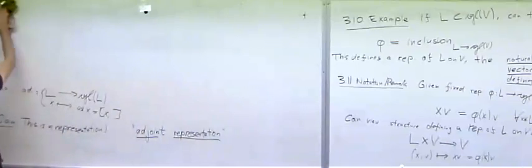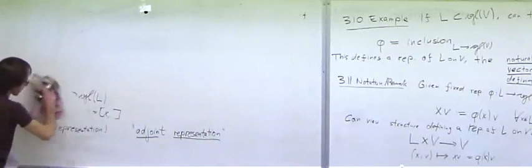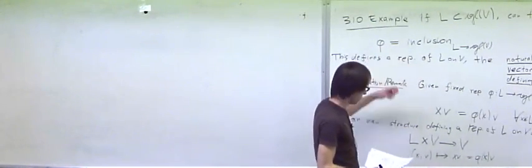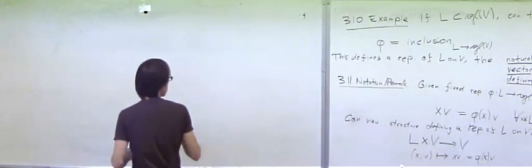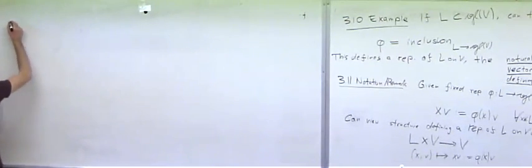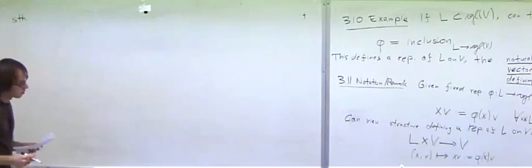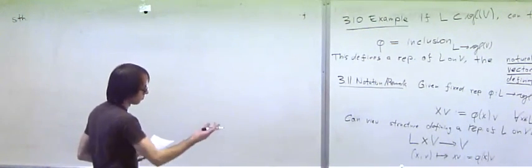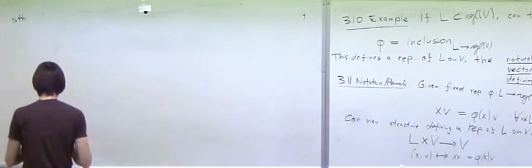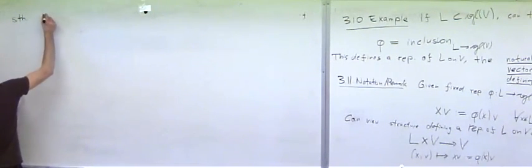the definition of a representation in terms of phi, in terms of this map, this homomorphism of Lie algebras, such that such a bilinear map must fulfill.